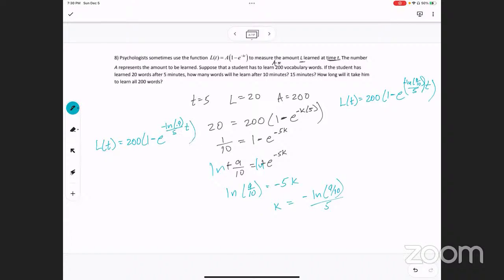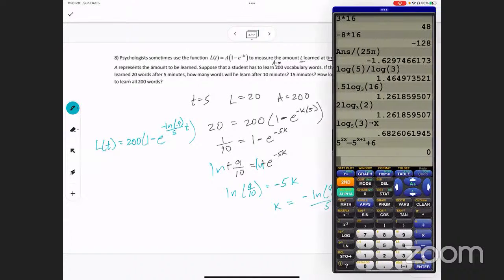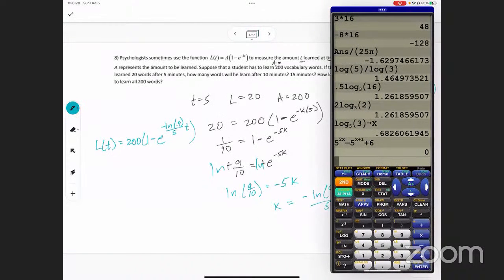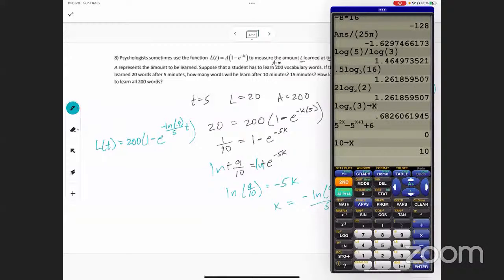So we're figuring out how many words he'll learn after 10 minutes. So we're going to plug in 10 for T, or we'll call it X. So this is where it's good to know this trick. And now I'm going to just type in this formula, 200 times 1 minus e, which is above the ln. Whoops.